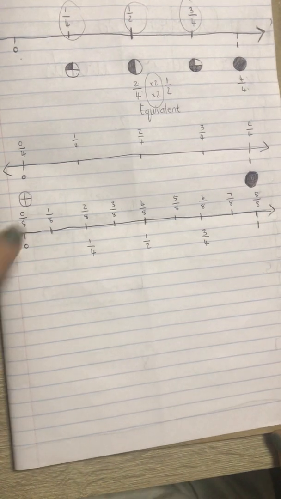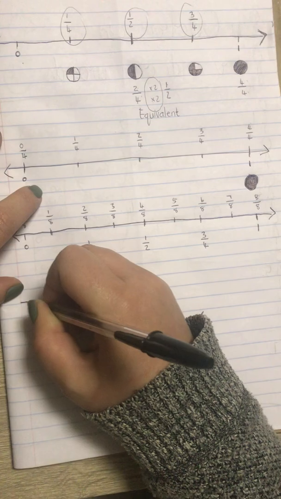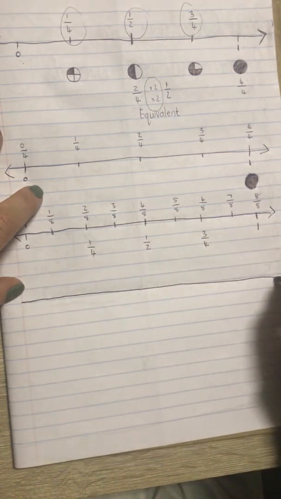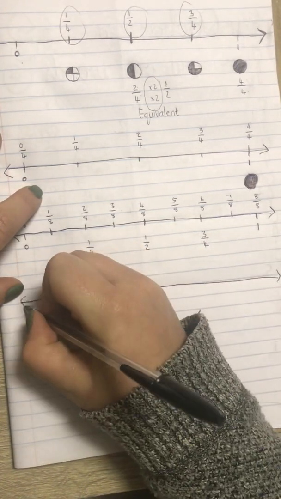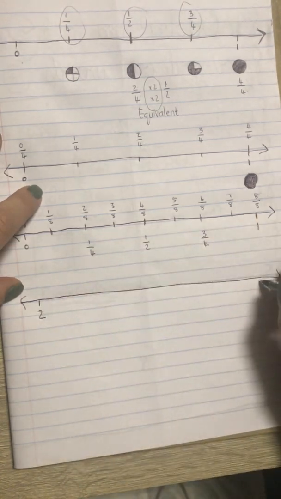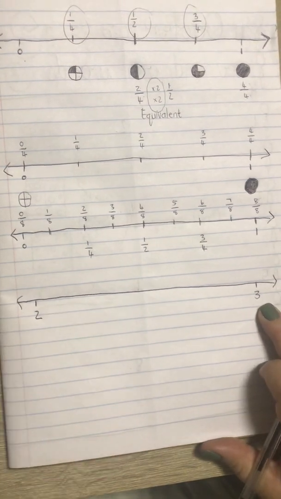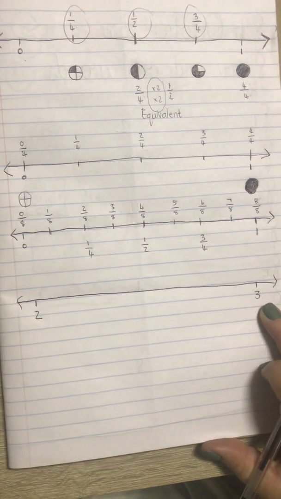Okay, there's one more thing that I wanted to mention before we move on to our handwriting. And that is that, let's say I ask you to fill in the fractions between 2 and 3. Okay?